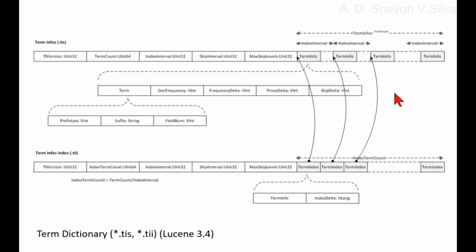For further information related to that term, terms are stored in alphabetical order for fast lookup. Further, another data structure, the term info index, is designed to be read entirely into memory and used to provide random access to the TIS file.